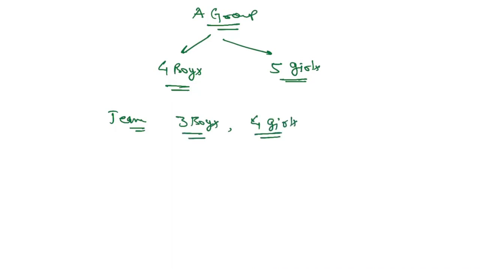In how many ways can we select? In a group of 9, out of 9, 4 are boys and 5 are girls, we have to select a team consisting of 3 boys and 4 girls. In how many ways can we select the team?